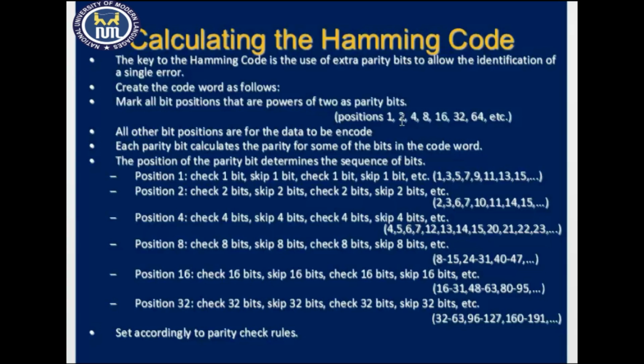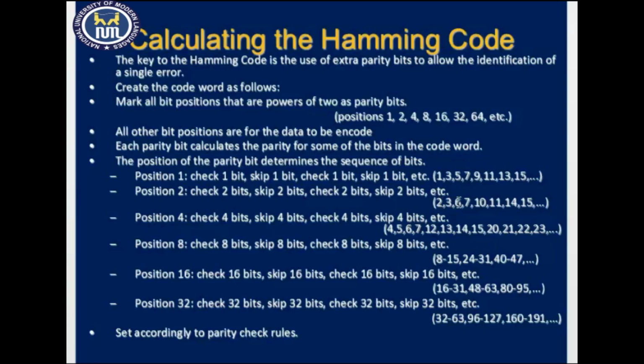The second position is a parity position as well. So what we'll do is check 2 bits and skip 2 bits, check 2 bits, skip 2 bits, and so on. It starts from position 2, and we check 2, 3, and leave 4 and 5.